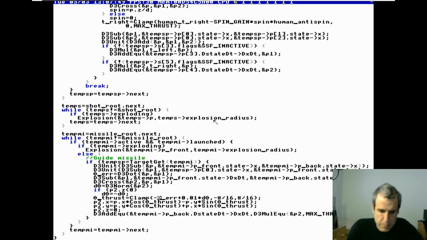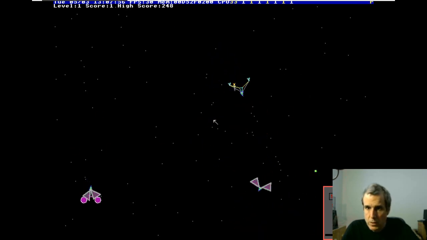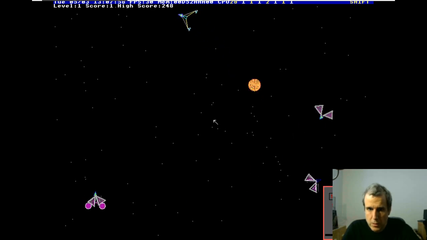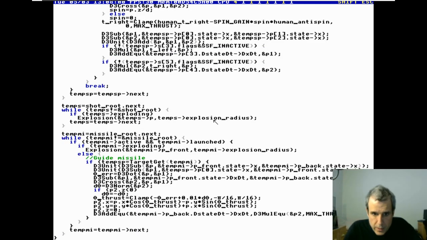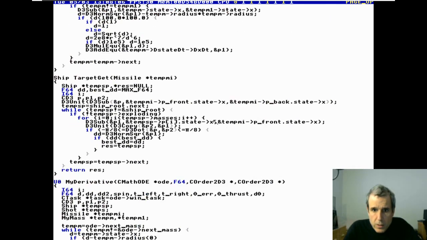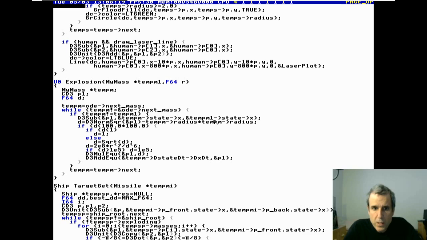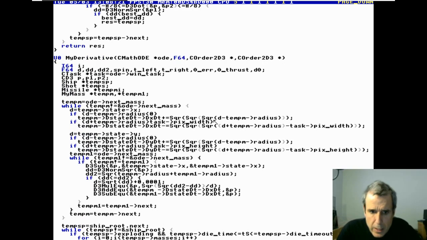This anti-spin is, let's open up the target right now. No, I like that. Let's keep that. What if the dot product is, oh, never mind.